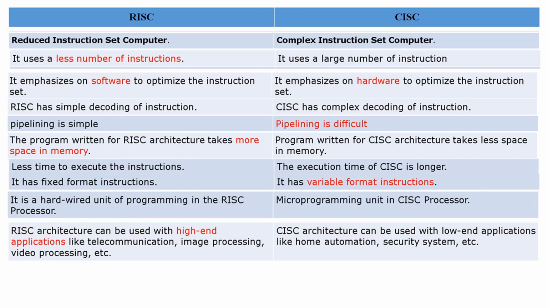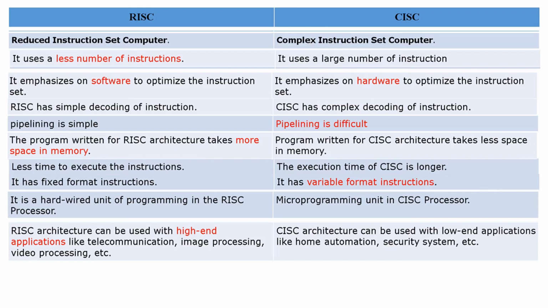Whether it's for home automation or office automation or for a CCTV camera or for a security system, for lower-end applications wherein we need not have much accuracy or speed, we can go for CISC type of architecture.